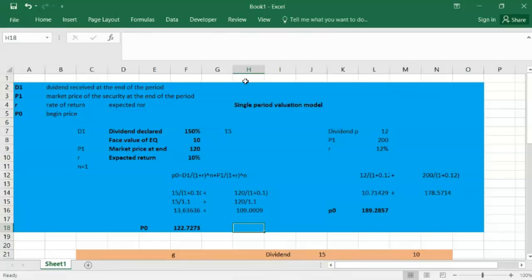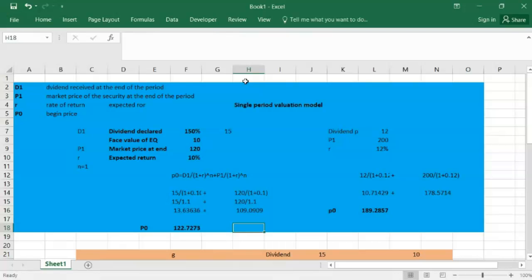So here the important aspect is the data given in the problem. The dividend declared at the end of the period is given, the market price at the end of the period is given, and the expected rate of return, which we call R, is given.